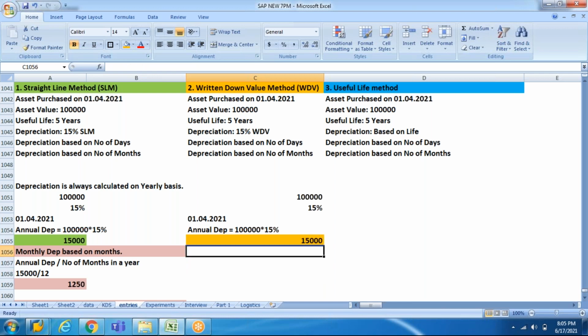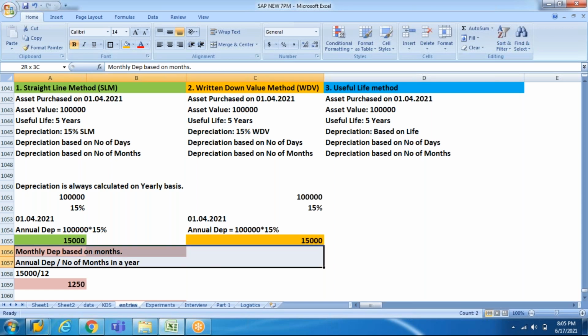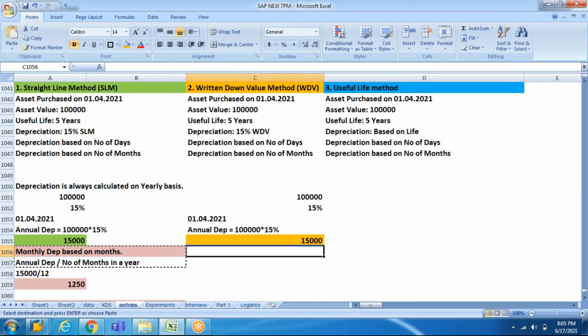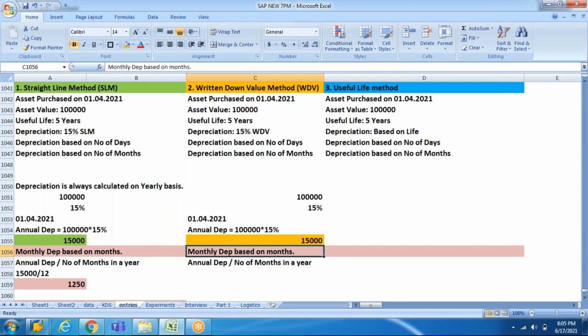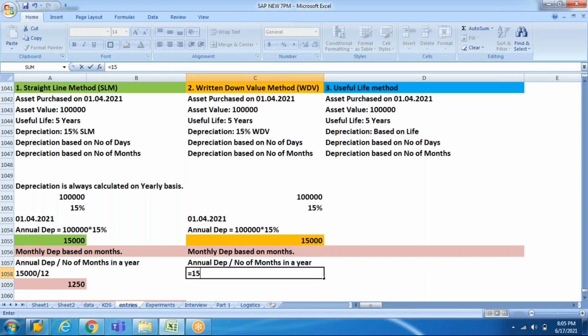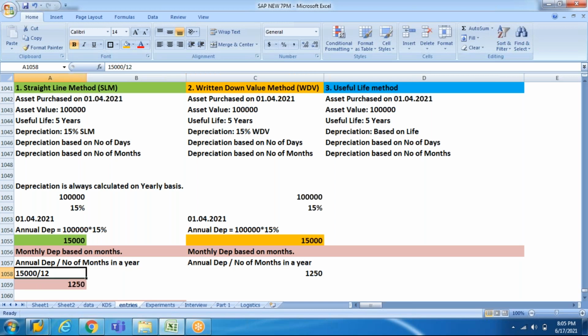And monthly depreciation. Let us understand the monthly depreciation. It will be 15,000 divided by 12 months. Correct? Yes, 15,000 divided by 12 months.